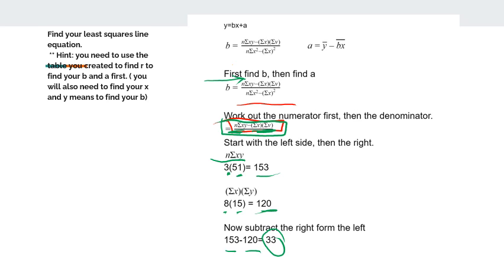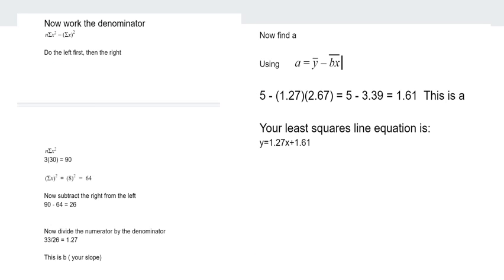Now we're going to look at the denominator. This is the bottom portion, and it looks like it can be broken up into two different parts. We'll do your left part, and then your right part, and then we'll subtract the two. Here's your left part.